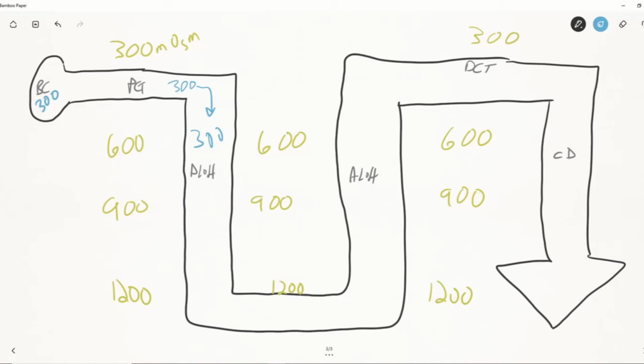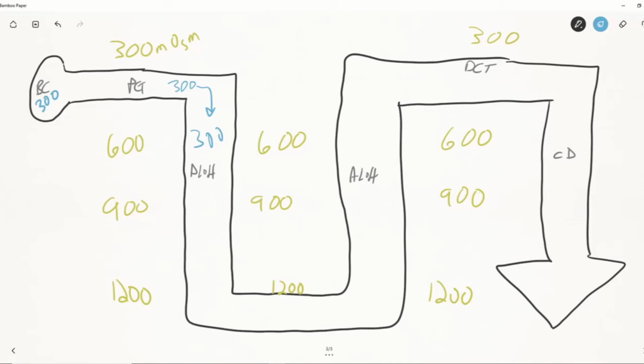Think back to our last lecture. It's permeable to water and nothing else. So even though there are more solutes out in the interstitium, there is the want for those solutes to come in, but they can't, because the loop of Henle on the descending side is not permeable to solutes.